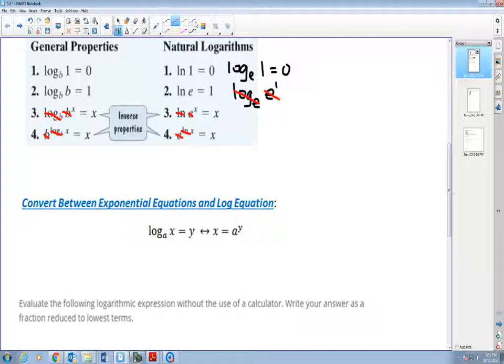Once I've done that, to convert into exponential, all I need to do is bring my base a to the other side of the equal sign. Then I get x equal to my base a to the y power. Basically, every logarithm problem, we can look at as an exponential equation.